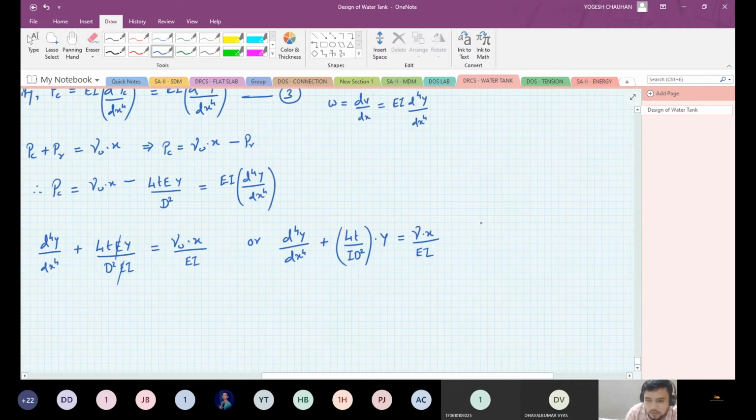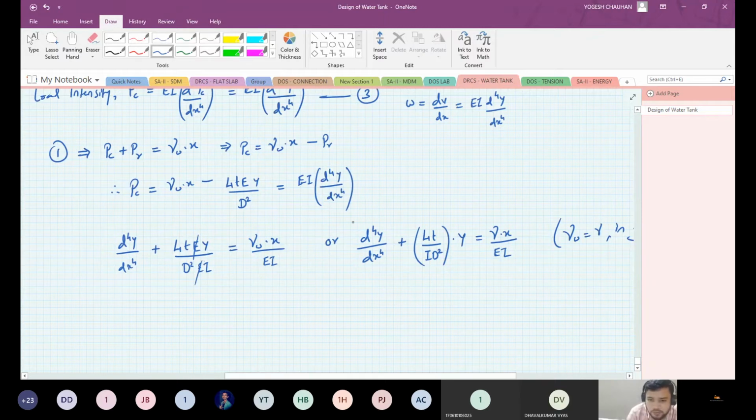Let us take gamma w as any liquid density in general. So this is the differential equation.